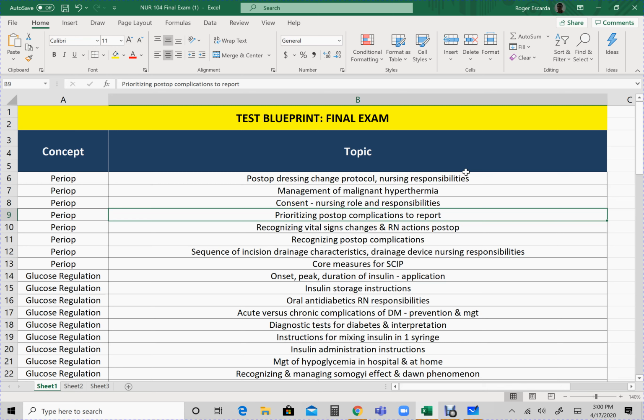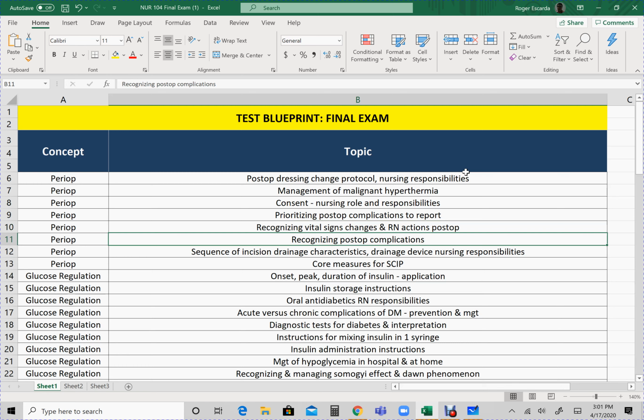You can also Maslow it. If Maslow doesn't work, use acute versus chronic, stable versus unstable, expected versus unexpected. Same goes for vital signs changes post-op. This obviously is under cardiovascular because that's vital signs.